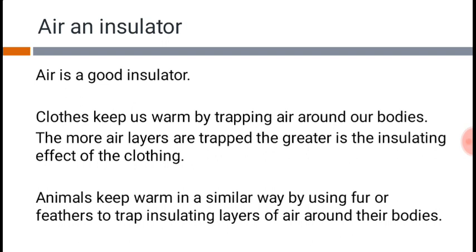So what clothing does is it traps the air and it insulates. It traps the air, and thus conduction doesn't happen. So air is an insulator. You might get questions on this concept, that is how clothes keep people warm, and how clothes protect people from becoming very vulnerable to the cold climate outside, because heat transfers from the warmer region to the colder region.